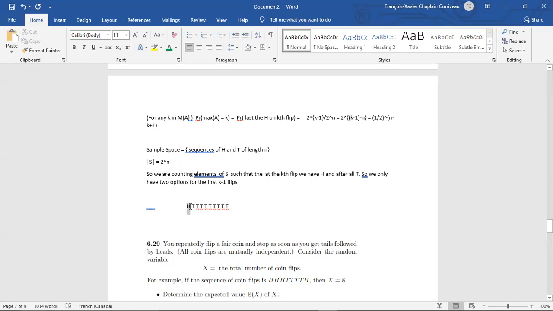So the probability that my last head is at position k is a half, and all the remaining flips are tails. So that's 1 over 2 to the n minus k times this flip for the head.